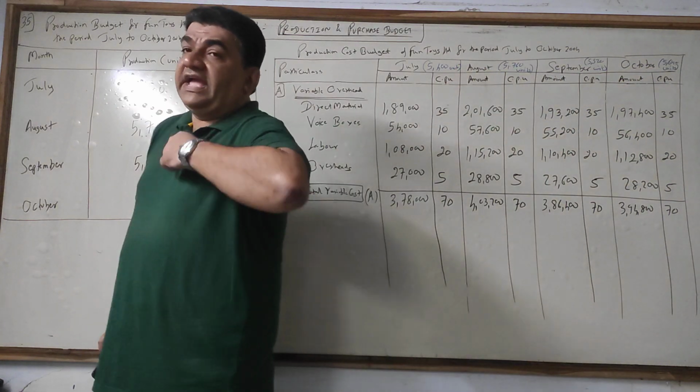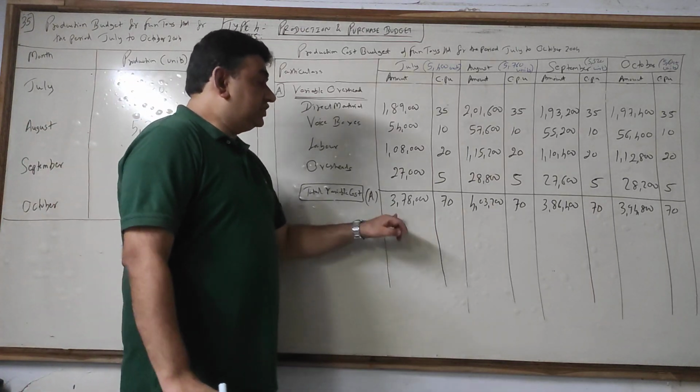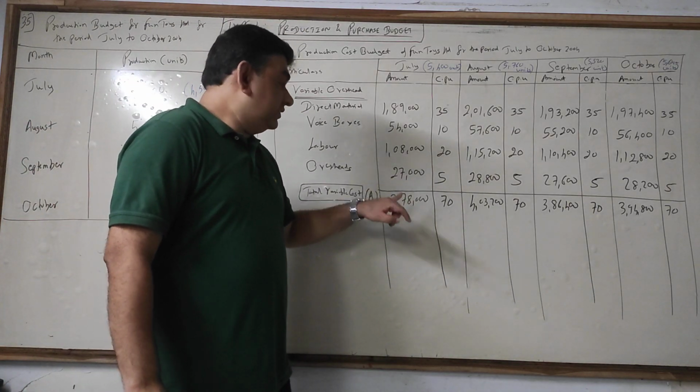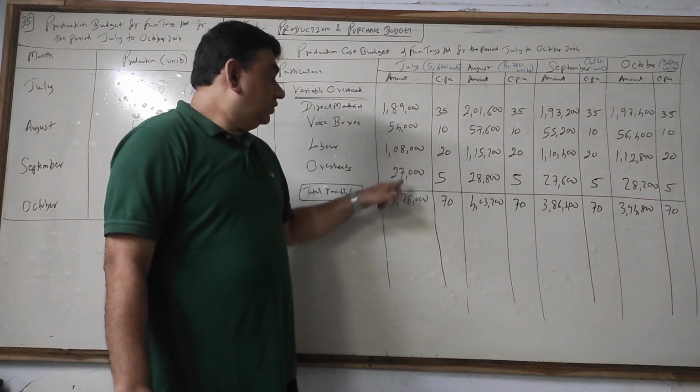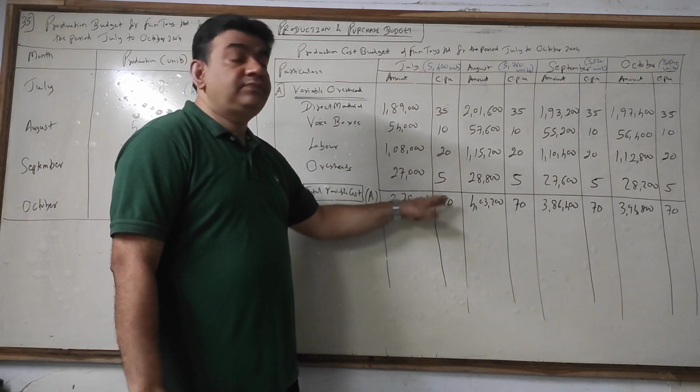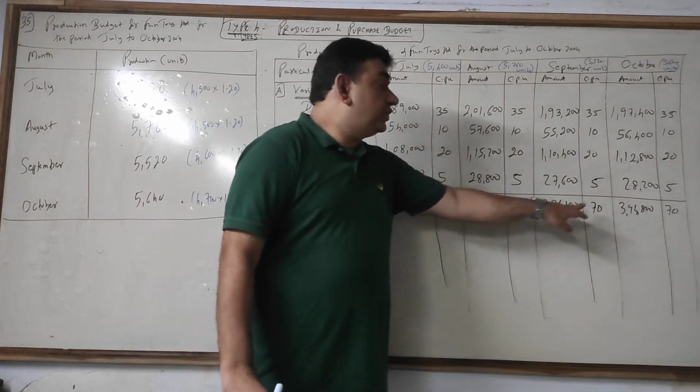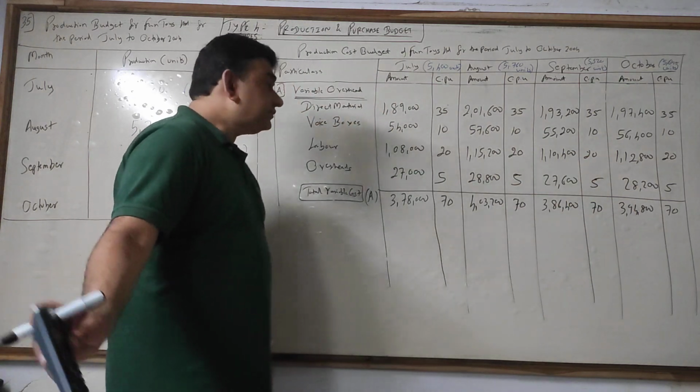So cost per unit everywhere is 70. Always cross check the respective totals, especially the first column. Total divided by the units, you should get the cost per unit. Then cost per unit everywhere will remain the same.